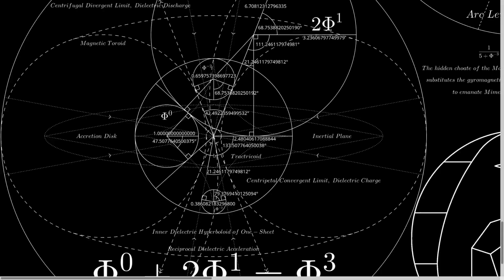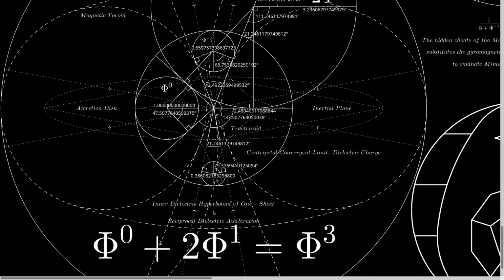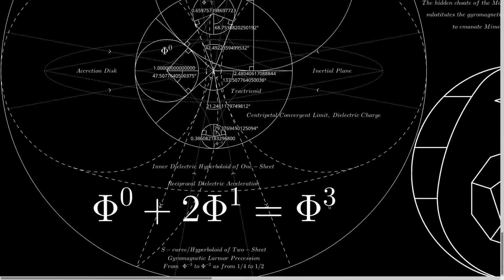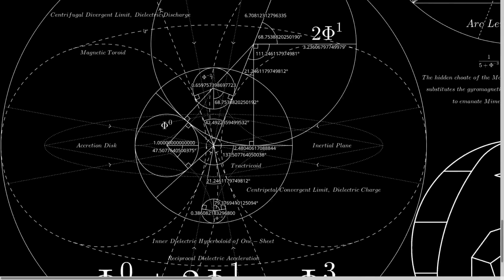It's really hard to convey with a mouse cursor, but yeah, the two sheet is like this, like this.